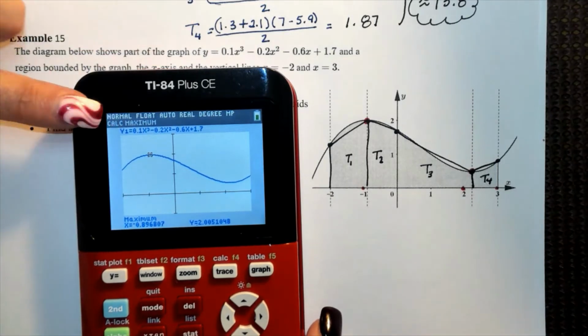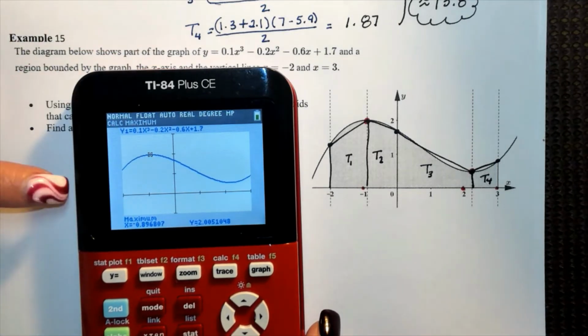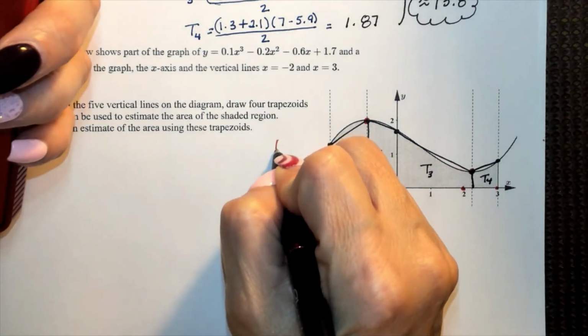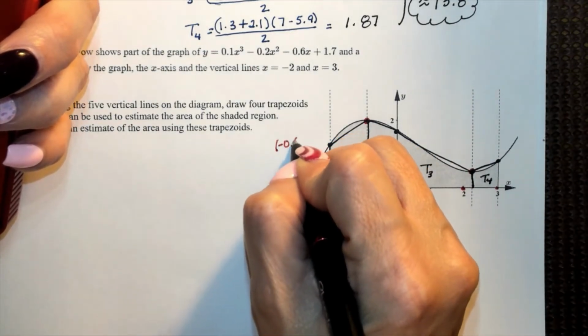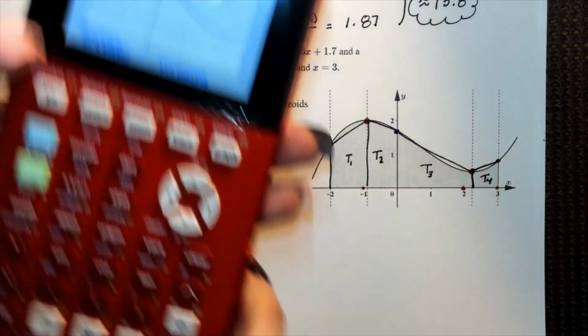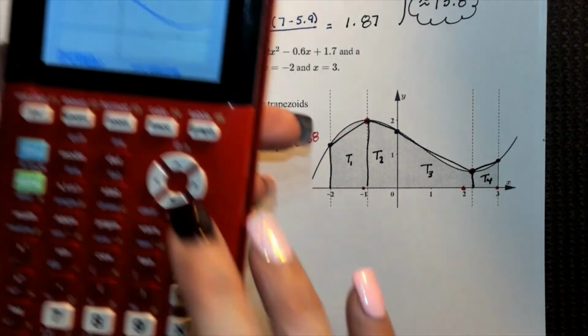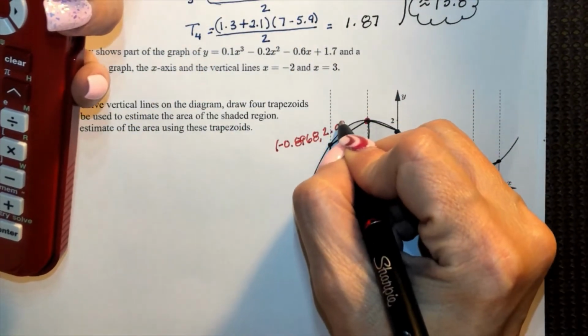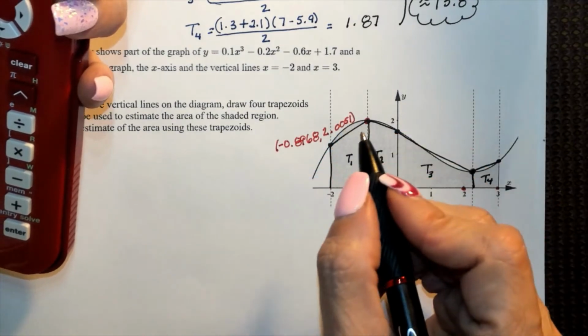Nope, I can't. Okay, so there it is. I can't see it, so I have to come out here to write it. So it is -0.8968. And then it gives you the y right there too. And that is 2.0051.